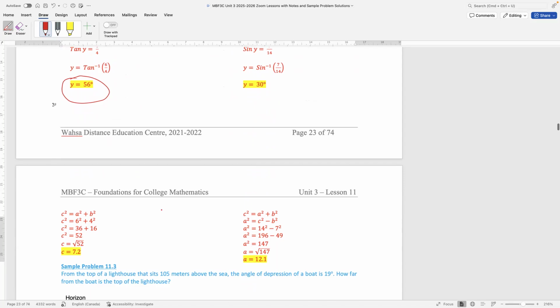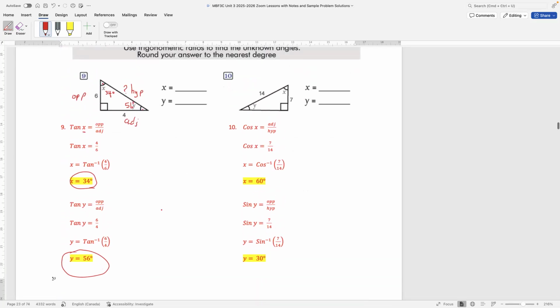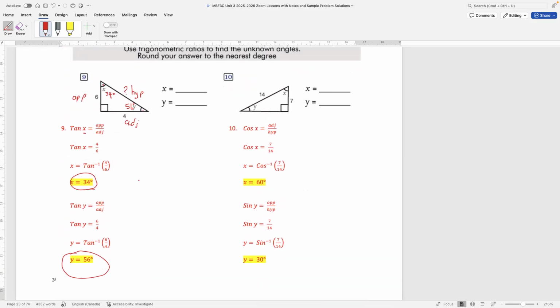Now, we didn't have to do this part here. Okay? We could have taken a shortcut. The shortcut would be right here. I could say that angle y is equal to 180, because if you know two of the angles, you can subtract those two. So 180 minus, that angle is 90 degrees, minus this one here, which is 34.